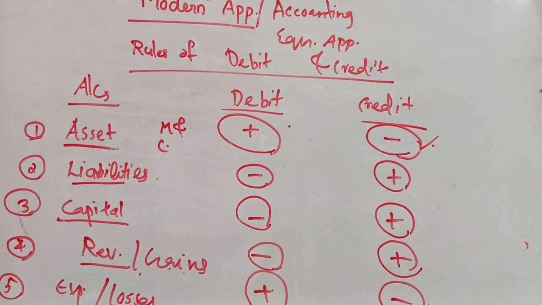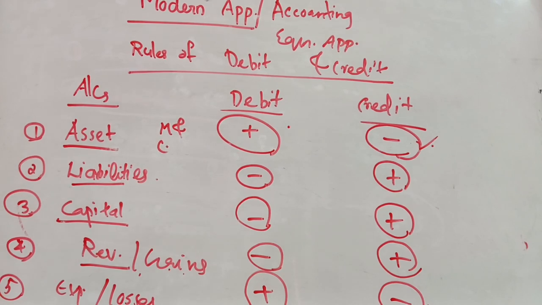Okay, hope you got a clear idea of what books of original entry are and the examples for that, that is journal book, subsidiary book, etc. And within that, what a journal book is, the types of entries made in journal, and also the rules of journalizing.